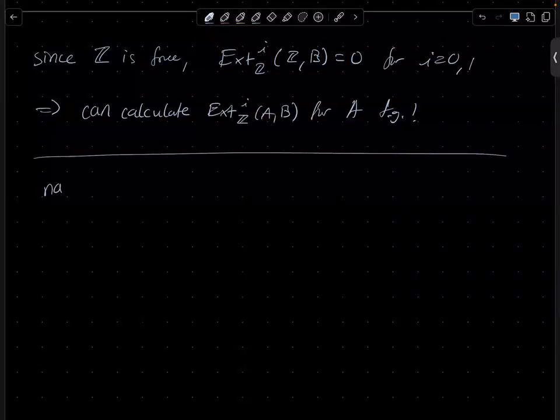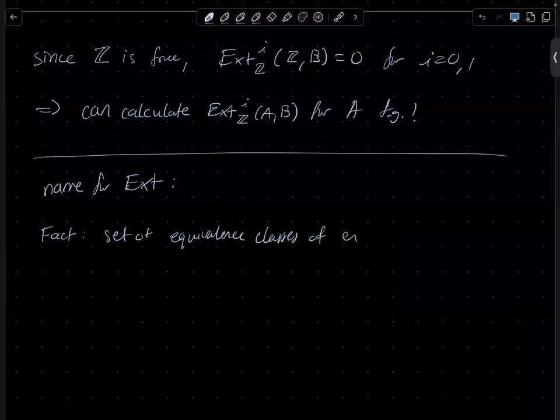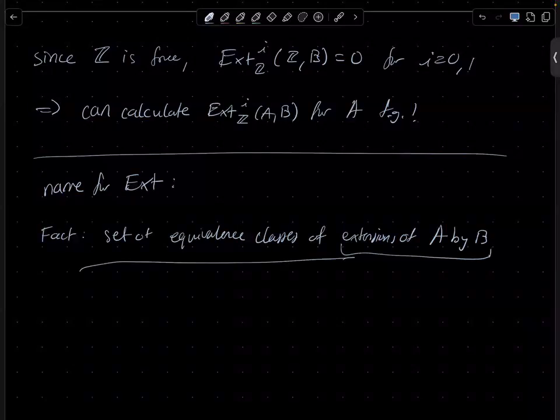So the name for X comes from the following. Well, maybe it doesn't come from the following fact, but it's related to it. So here's a fact. The set of equivalence classes of extensions of A by B. What is this?